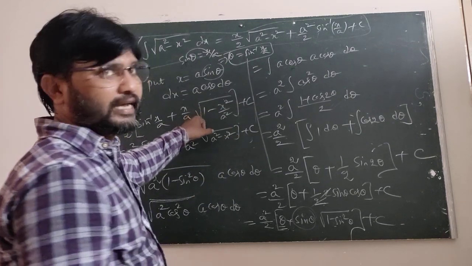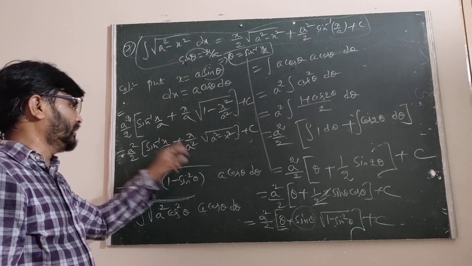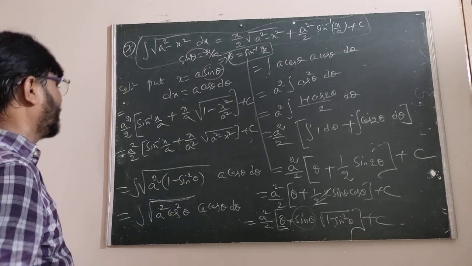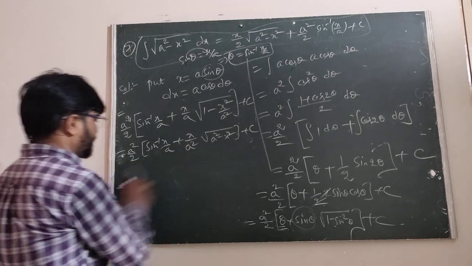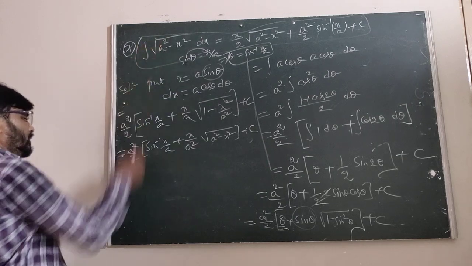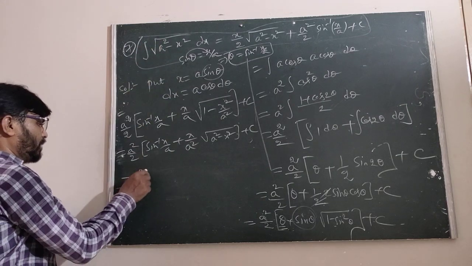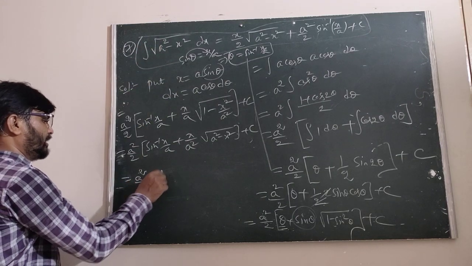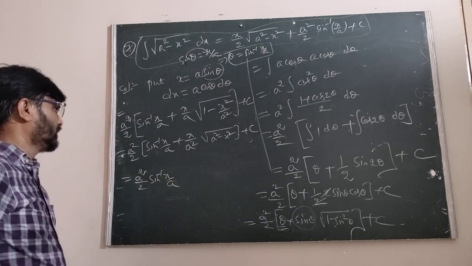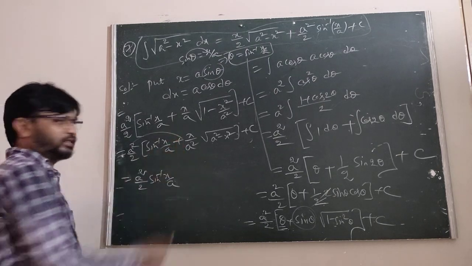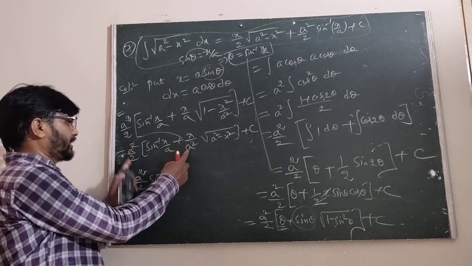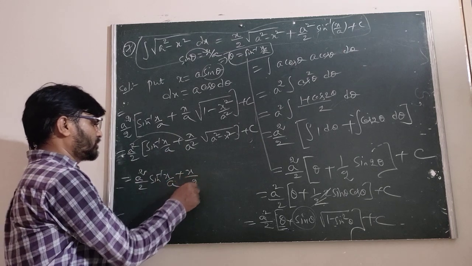Here we take the LCM as a square; square and under root cancel. Therefore a into a square. After multiplication we get a square by 2 into sine inverse of x by a. Now when it is multiplied with this one, the a square cancels, and this is x by 2.